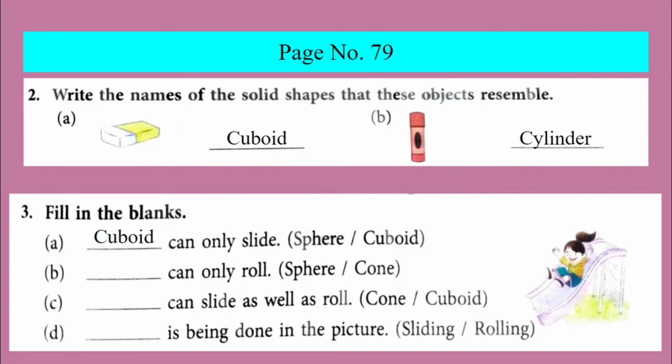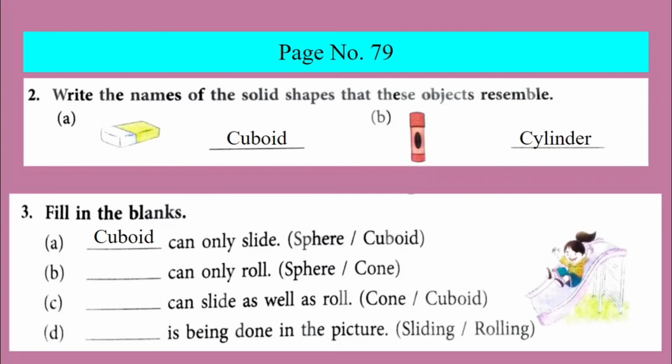Now we will do the B part. Dash can only roll, sphere or a cone. So children, which one of the two can only roll, a sphere or a cone? Remember that a sphere can only roll as it has one curved surface that makes it roll all around, while a cone can roll as well as slide.